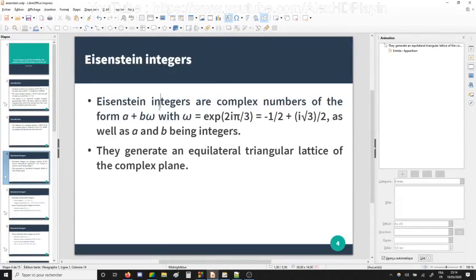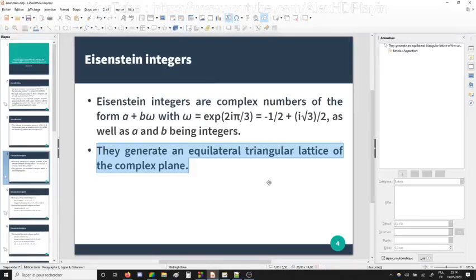They're just complex numbers, but because of their integer components, they're still called integers for some reason. A bit like the Gaussian integers, a plus bi, which are still complex numbers.